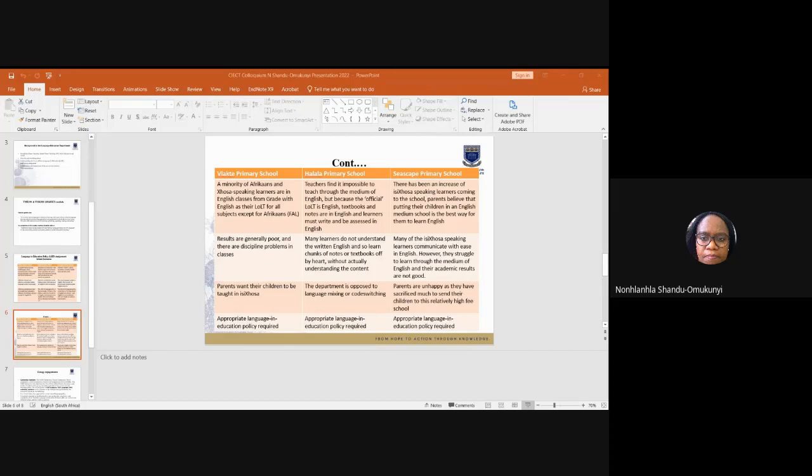And definitely the existing policy is not inclusive, it's not practical, it's not culturally sensitive, etc. So in response to the chairperson's presentation, the committee should do the following.